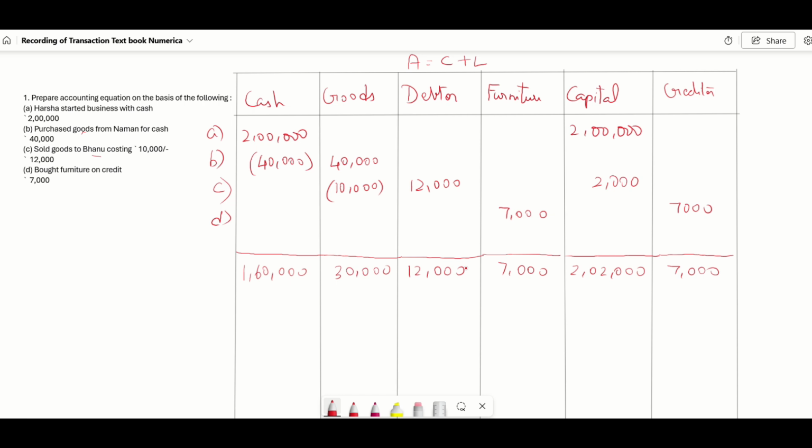All these from here to here are assets. If you add all this, it will stand at 2,09,000, and this side it is 2,09,000. This is capital, creditor is a liability, and all these are assets. So assets is equal to capital plus liability, hence the accounting equation is balanced.